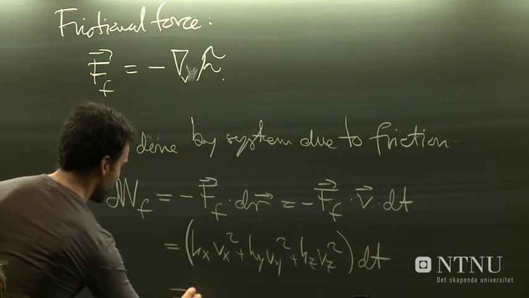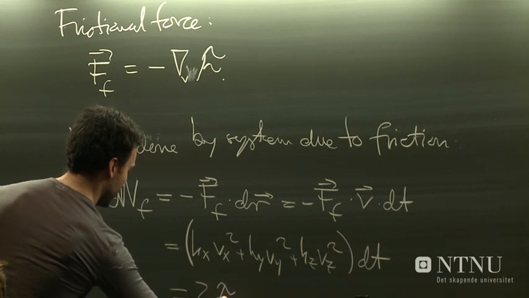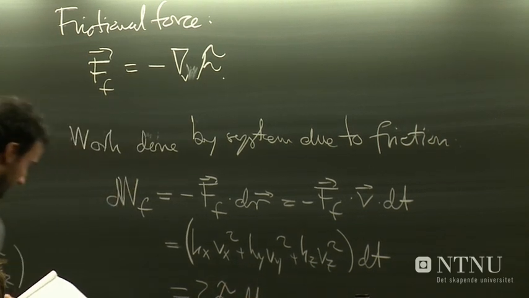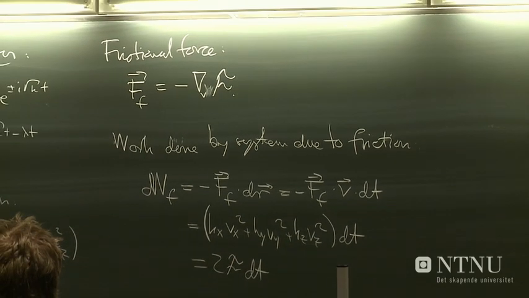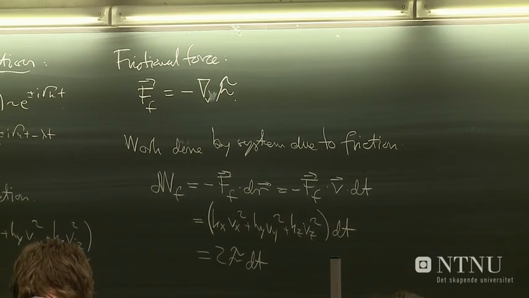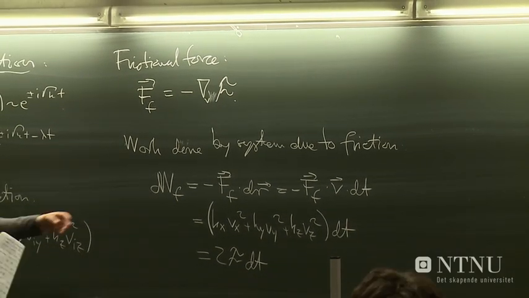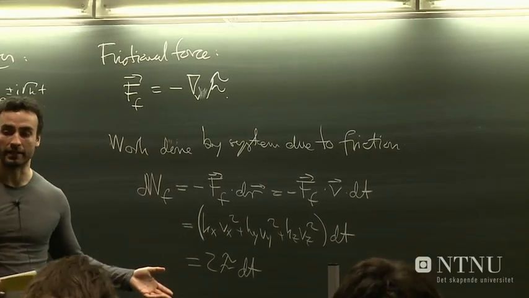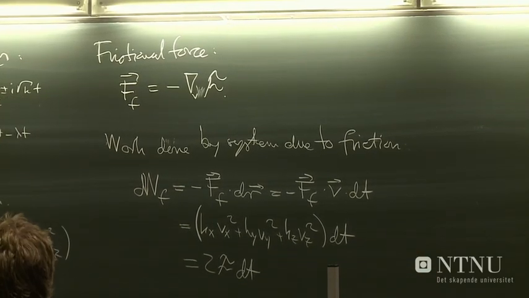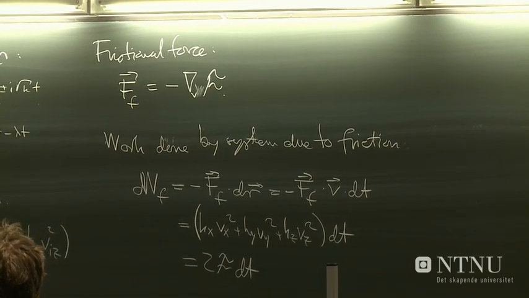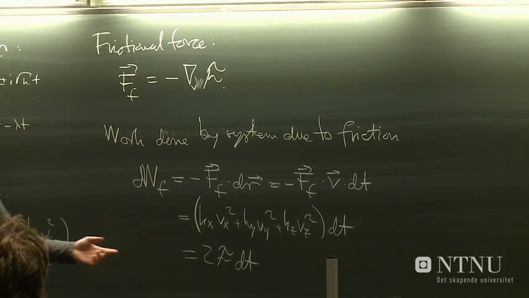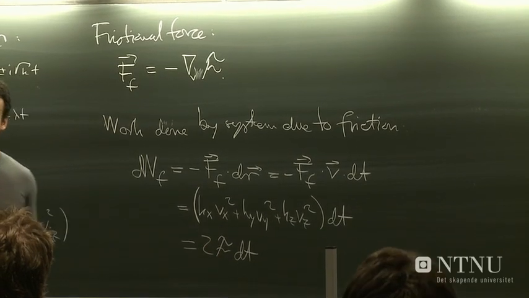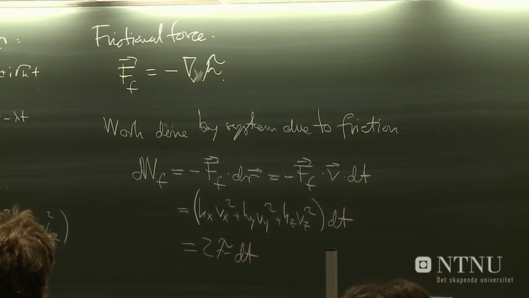And this is just 2 times the dissipation function and dt. So you can see that the rate of energy loss, the rate of work done by the system due to friction, is just 2 times this dissipation function. So it's quite a simple expression.